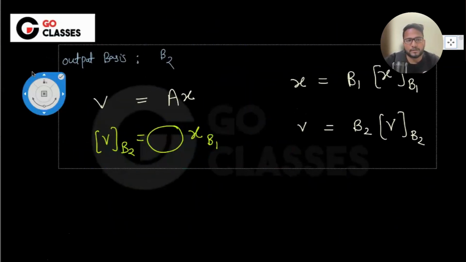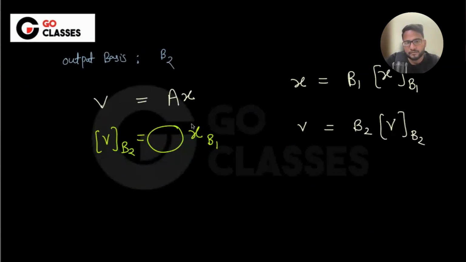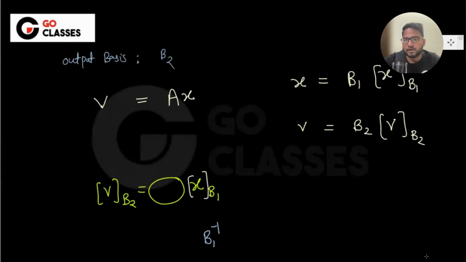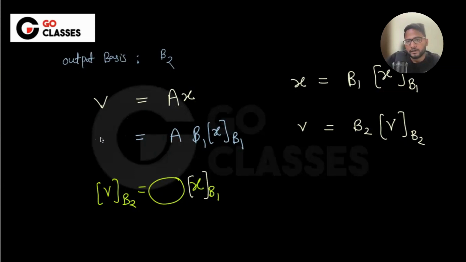You can start from this particular relationship, and then instead of X, you write B1 times X of B1, and instead of V, you write B2 times V of B2.